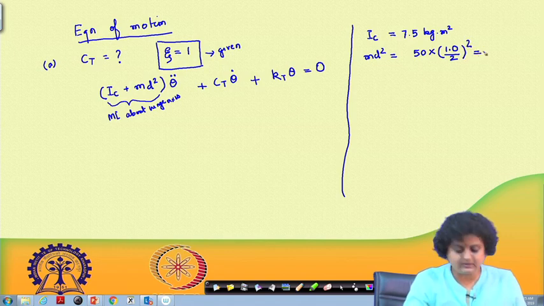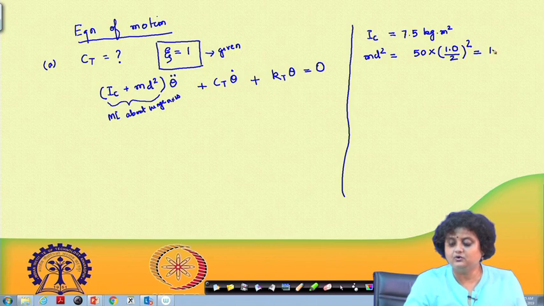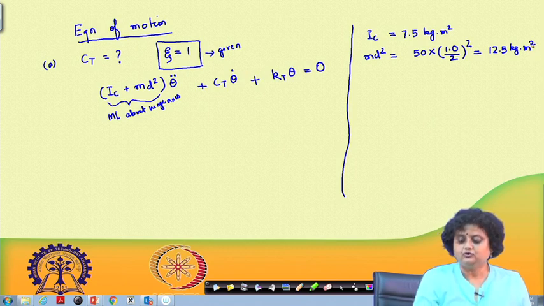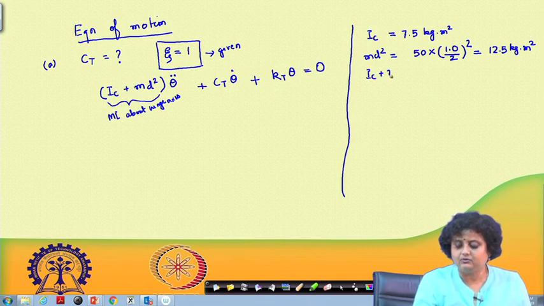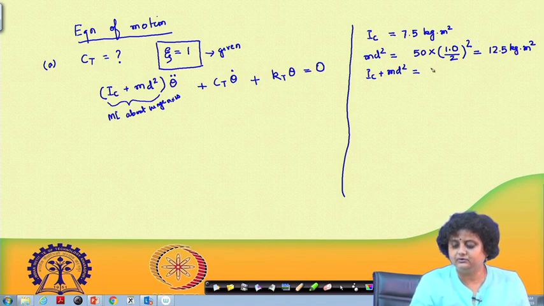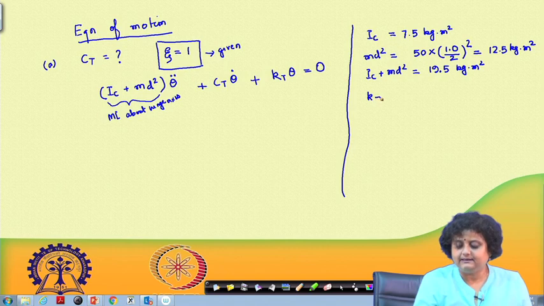If I evaluate this, it should be equal to 12.5 kg meter square. So, my total moment of inertia is going to be IC plus MD square, which is 19.5 kg meter square. And KT is given as 25 Newton meter per radian.